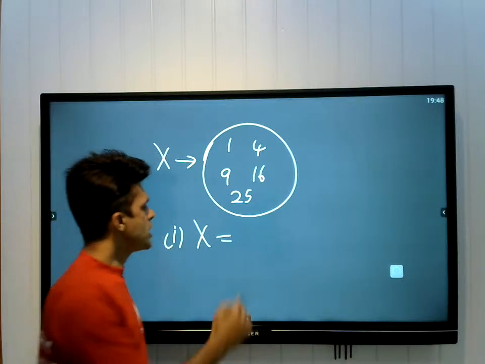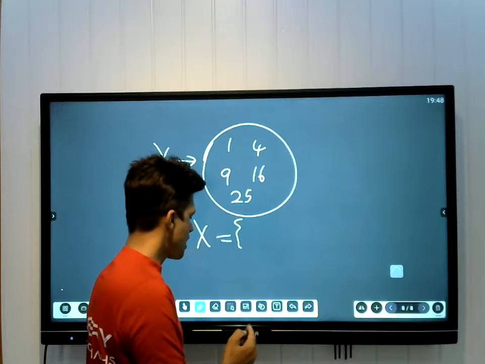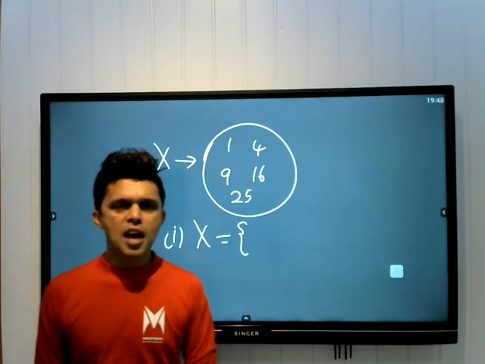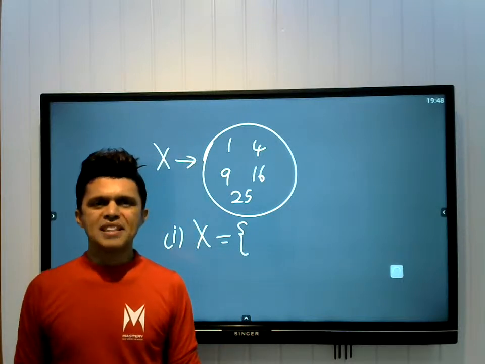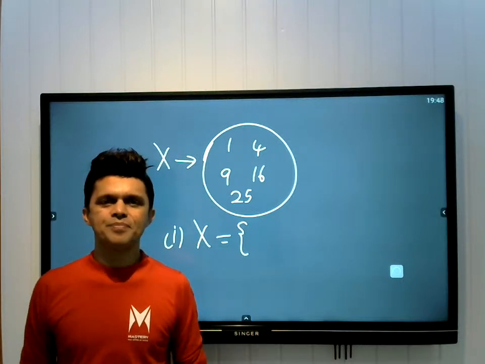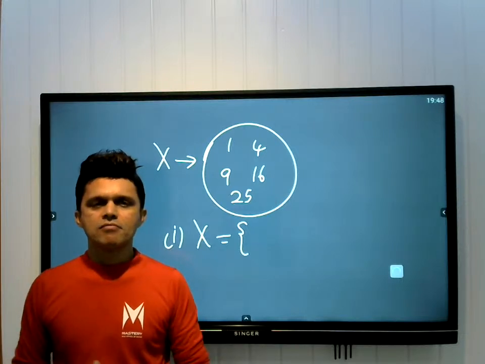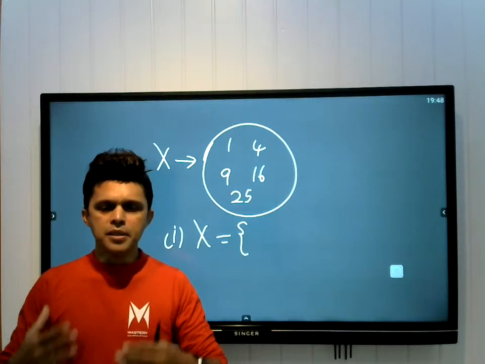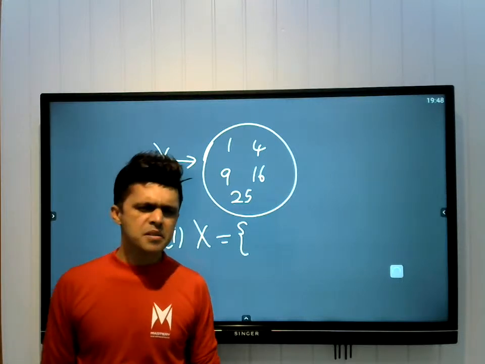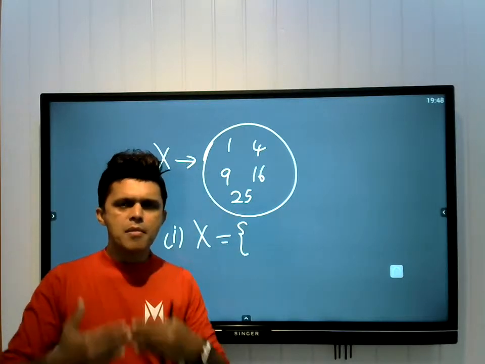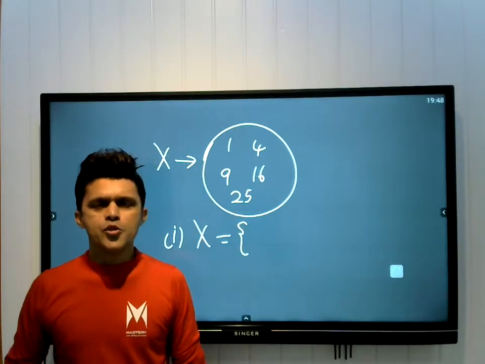Can you identify these elements? Which type of numbers can you see in the set X here?